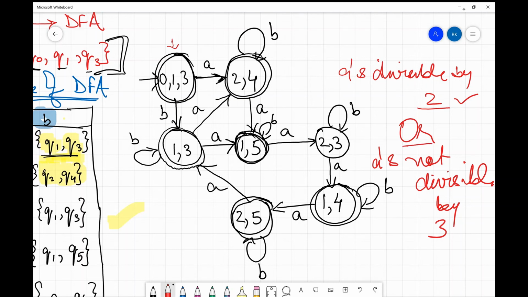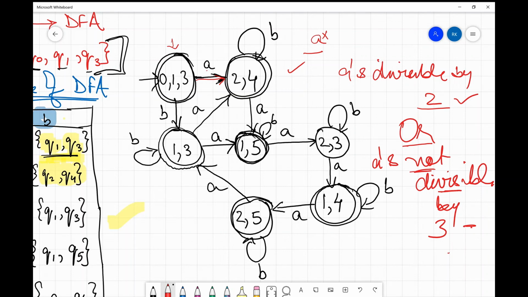Then when we reach over here, it forms A, right? The shortest string which is forming is A. Now A is not divisible by 2, but it is also not divisible by 3, and since it is not divisible by 3, it is satisfying one of the conditions. Therefore this string is acceptable.